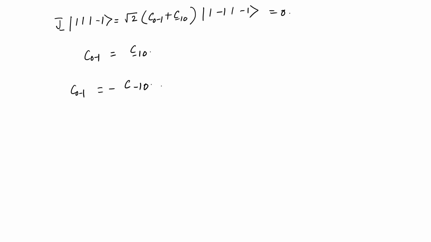So, this tells you that these Clebsch-Gordon coefficients, C 0 minus 1 equal to 1 by root 2 equal to minus C minus 1 0, and so on.